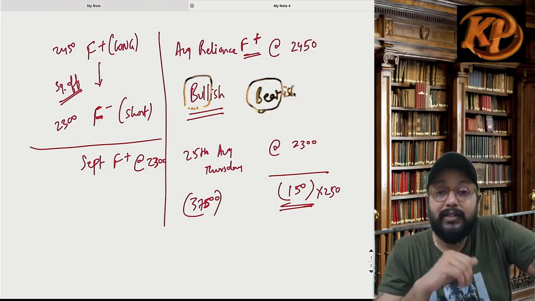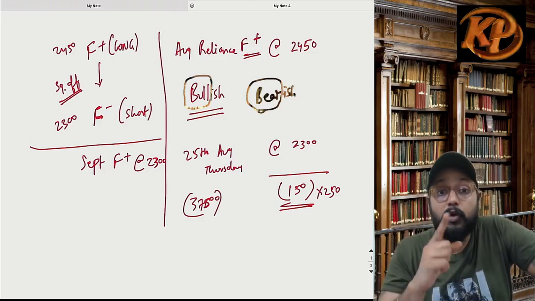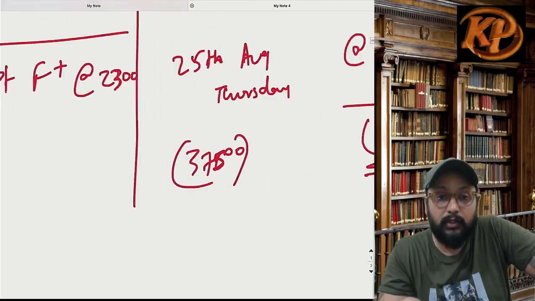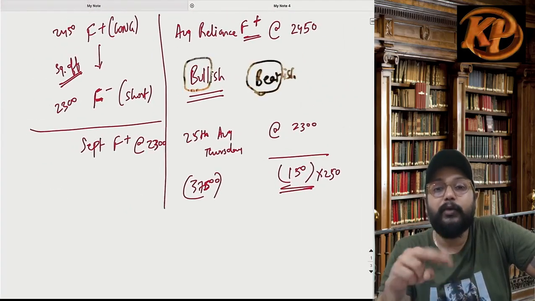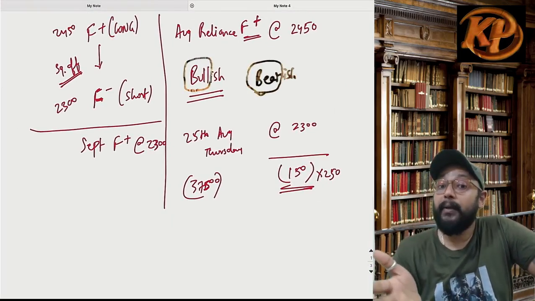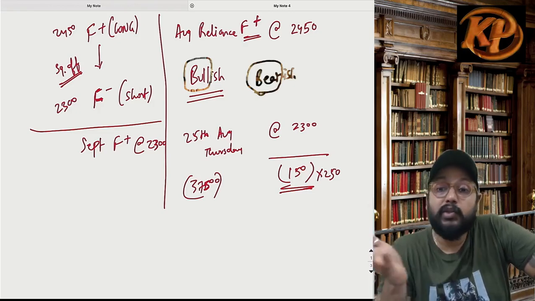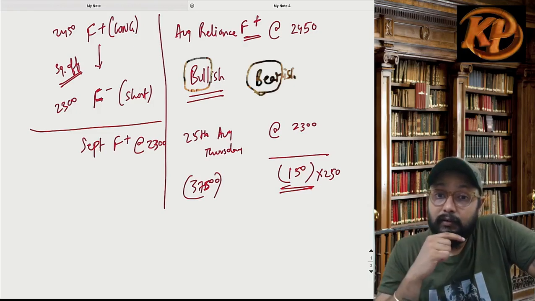September profit is 30,000, which means I still have 7,500 loss to be recovered. Next month, your profit or loss will be calculated from 2300. So would you feel happy about seeing that 30,000 profit? Answer is no, because I have already got a loss of 37,500, which I first need to recover.